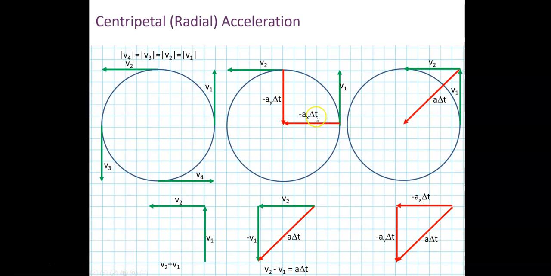And those acceleration vectors are pointed towards the center of the circle. So they're just responsible for turning it. In this case, those acceleration vectors are going to be turning the car from moving up to moving to the left. They're going to be turning it counterclockwise.